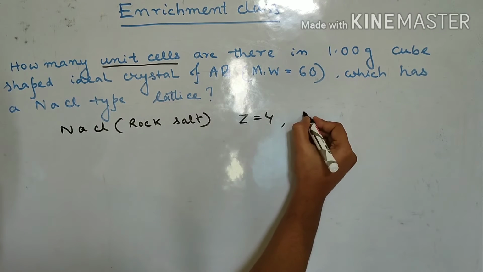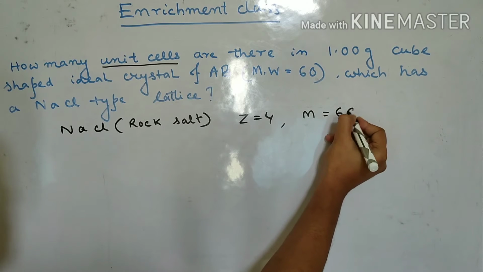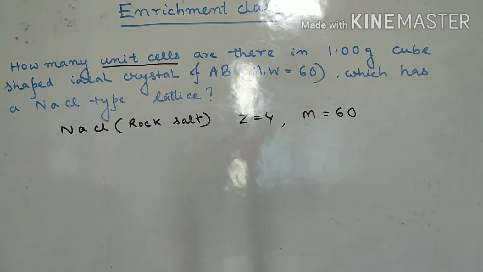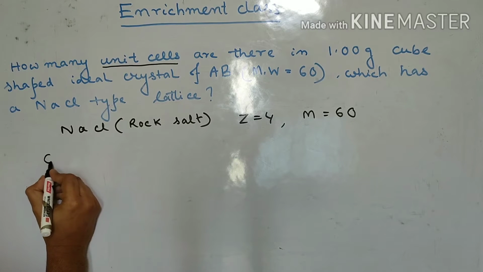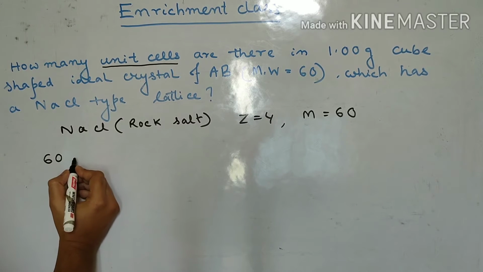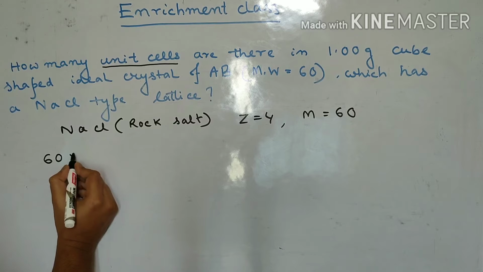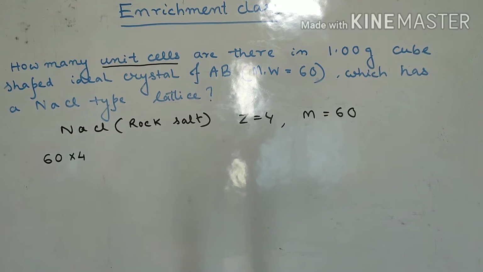Molecular weight is also given as 60. Now what we can do is, see, it is 60, which is the molecular weight, into 4, because in each unit cell there are 4 atoms, right?